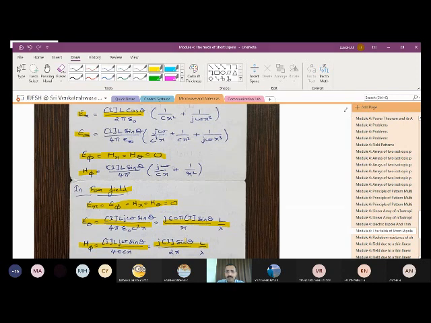But in the case of far field, we have E R, E phi, H R, H theta to be 0, and we have the two components, that is E theta and H phi. E theta is j 60 pi I sine theta divided by r into L by lambda, and H phi is equal to j I sine theta by 2r into L by lambda.